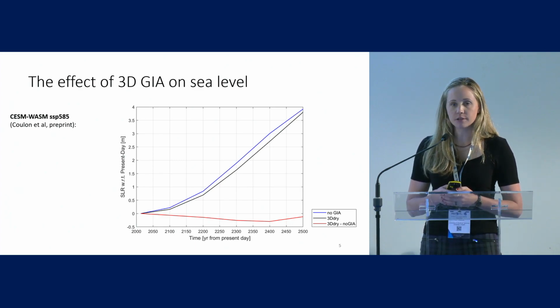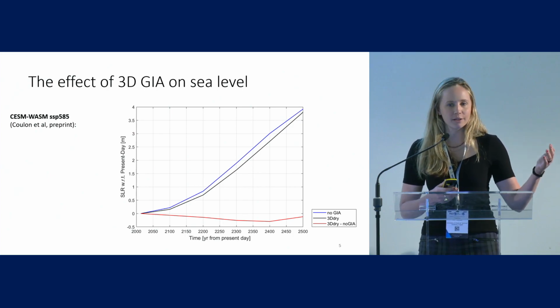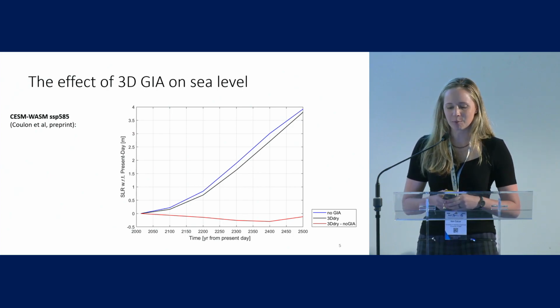And the red line shows the difference between the two, which is the highest at 2,400. So this also corresponds roughly to these response times that I just showed that we find in West Antarctica.